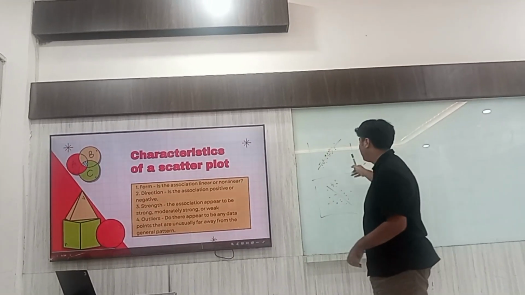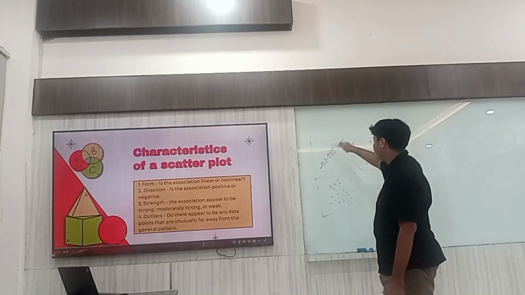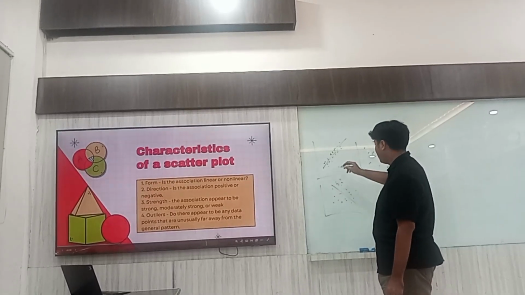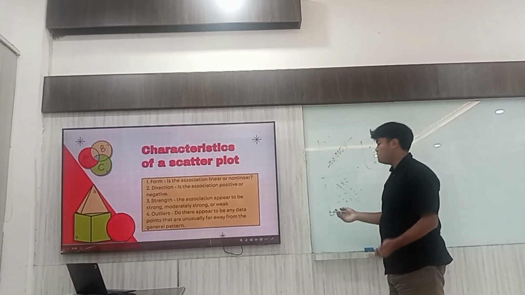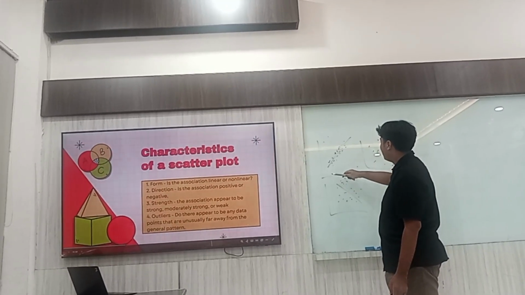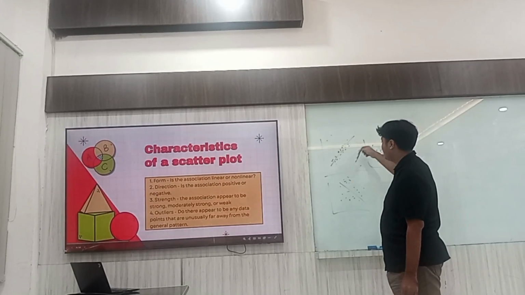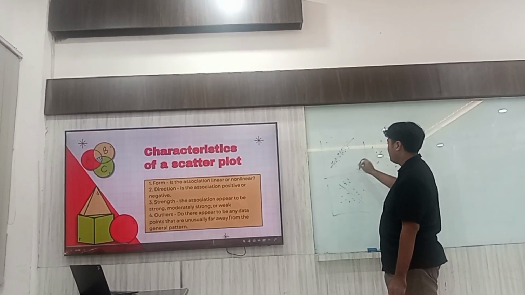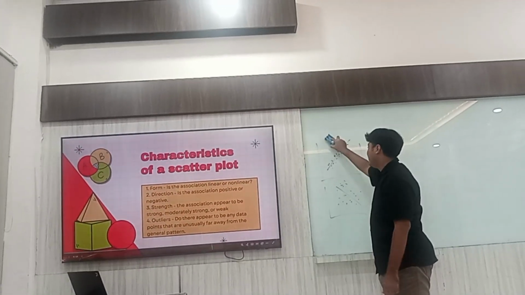For example, outliers are like this anomaly dot maybe, because all of them are in a straight line and only one is in the corner side maybe.